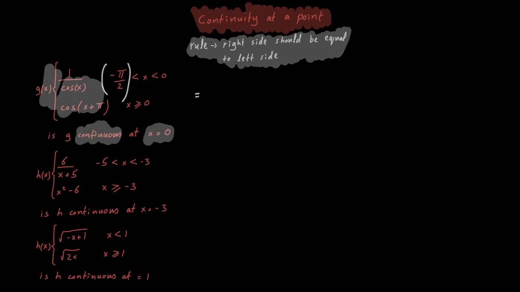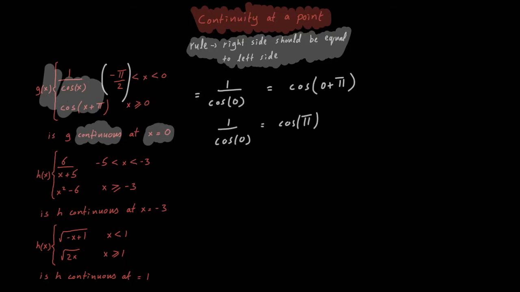So let's do that. For the first equation, it would be 1 over cos of 0, and for the second equation, it was cos of 0 plus pi. So this would become 1 over cos of 0 is equal to cos of pi.